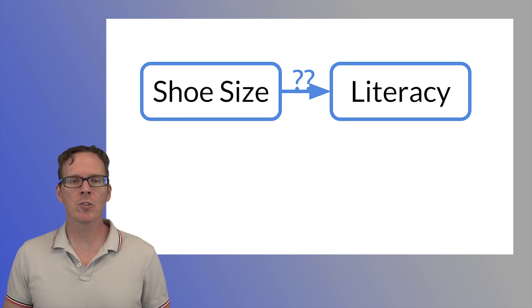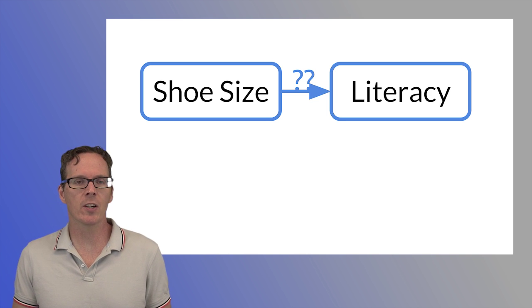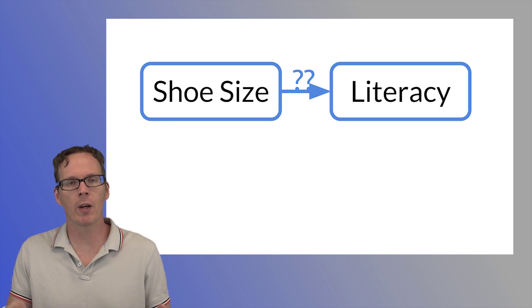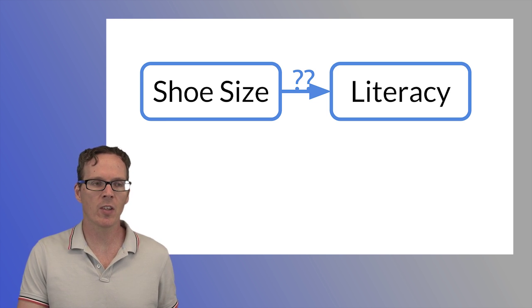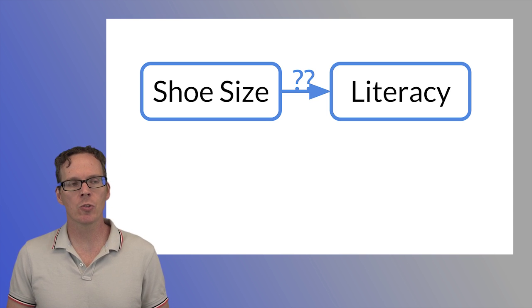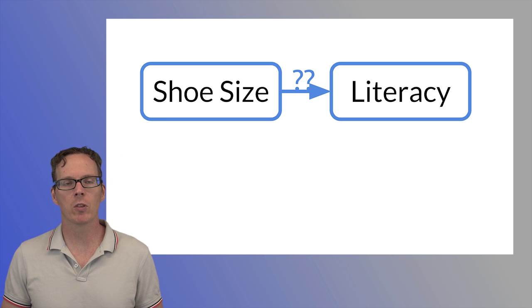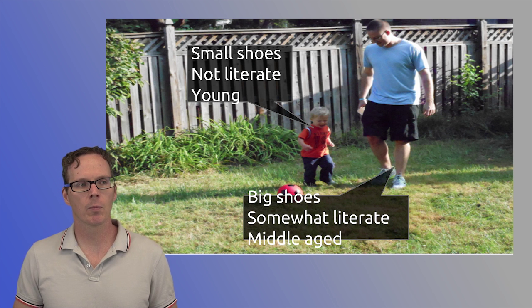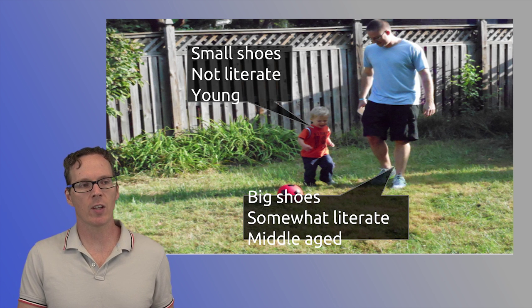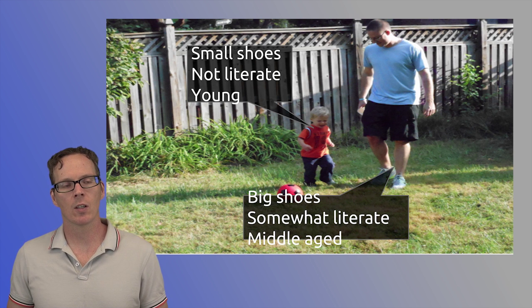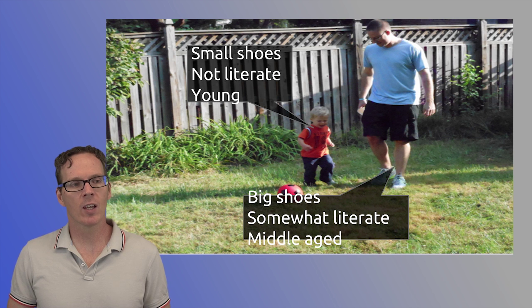So imagine conducting a data analysis with some variables, and you see an association like that. Well, in this example, you might say, okay, is shoe size associated with literacy? But there's another variable, which is age. In this case, Dexter is young, and Jeff is older, middle-aged, he claims.